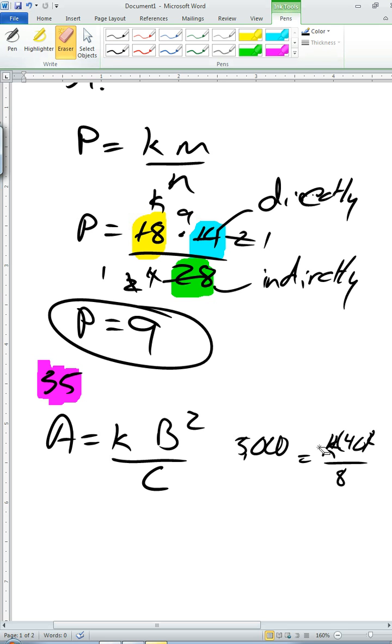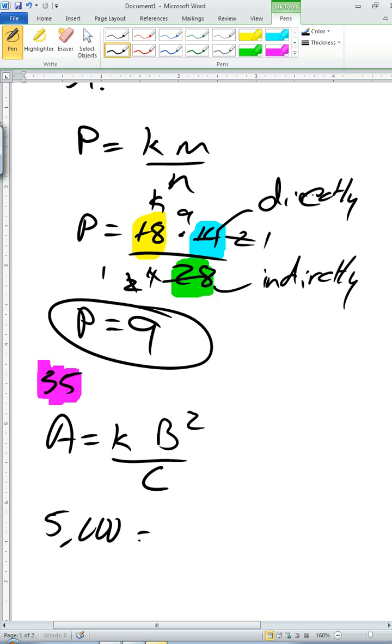Sorry about that, folks. Okay, so we're going back here. 5,000. So I have K, and it says B is 40 and C is 8. Then it wants to find out what the constant is in this case.